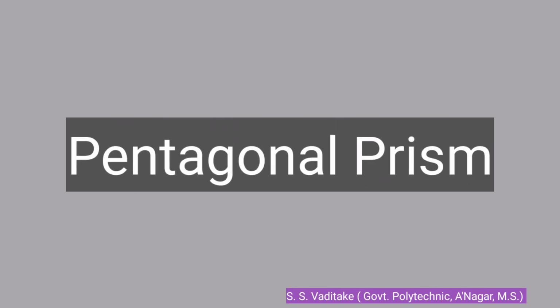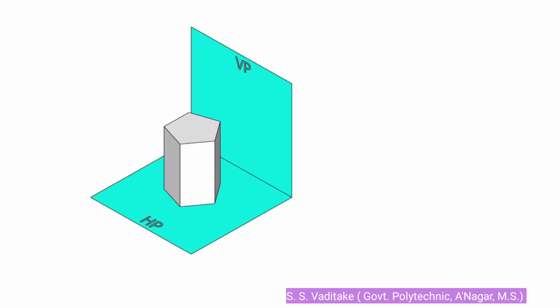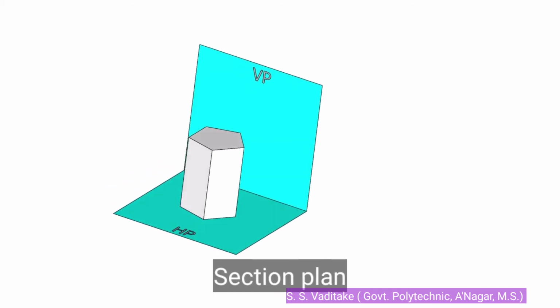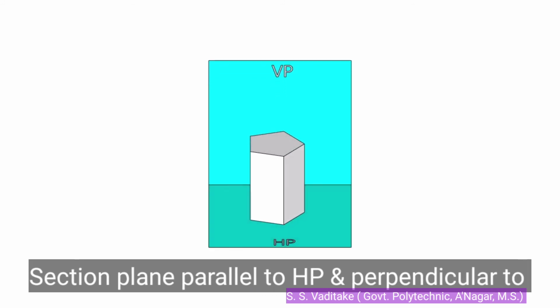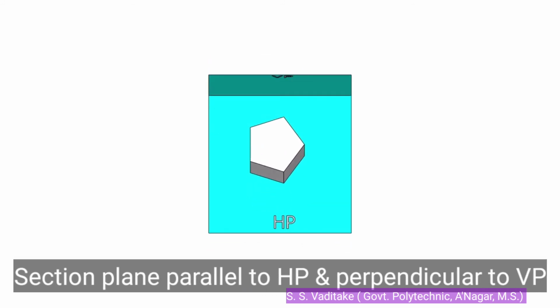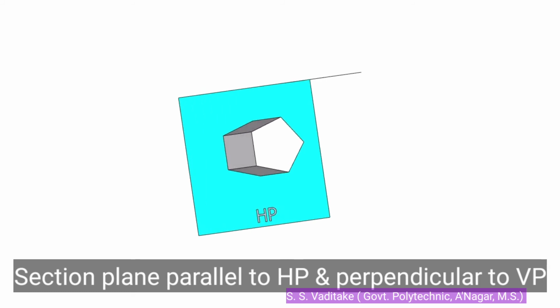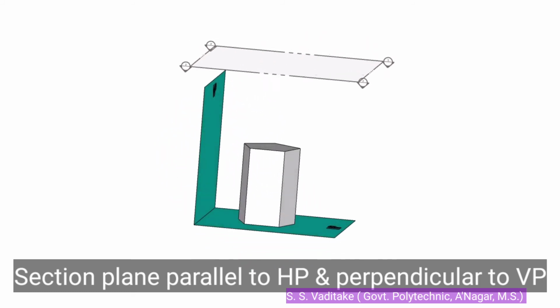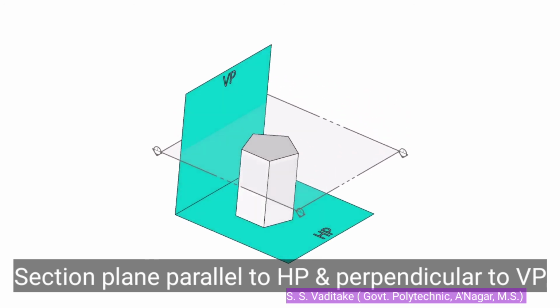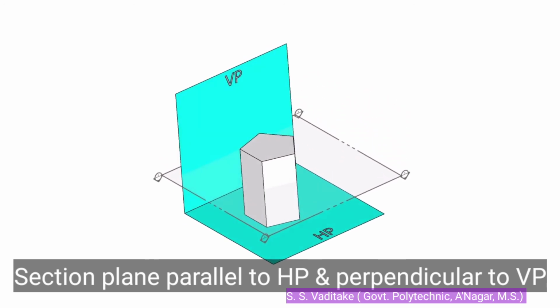Now consider the pentagonal prism. Observe the data given. In this case, one of the base edges is perpendicular to VP and the axis is perpendicular to HP. So we have to draw its top view first, then its front view. Locate the cutting plane.